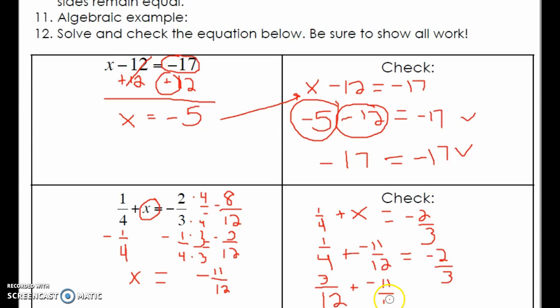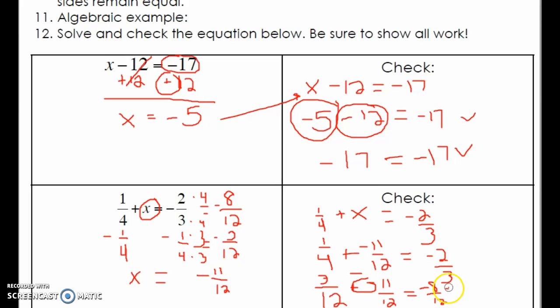Okay, I'm almost done. The signs are actually different, and this double sign here can be written as a negative because this is a plus and a minus. So I really have 3 minus 11. 3 minus 11 would be negative 8, and that looks like negative 8/12.